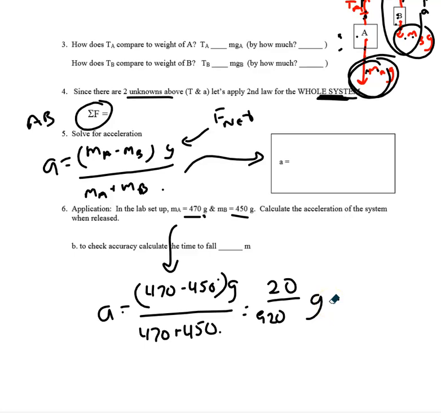And if I want to factor that, 20 is common to both these. That's 1 over, let's see, this would be 46. So they will accelerate at 1/46 of g. And then I could put in the value of g and get an actual acceleration. We could then predict the time to fall, knowing the distance, but we'll save that for another time.